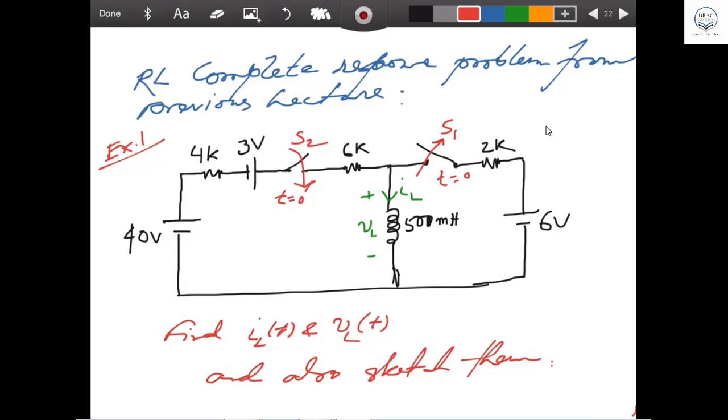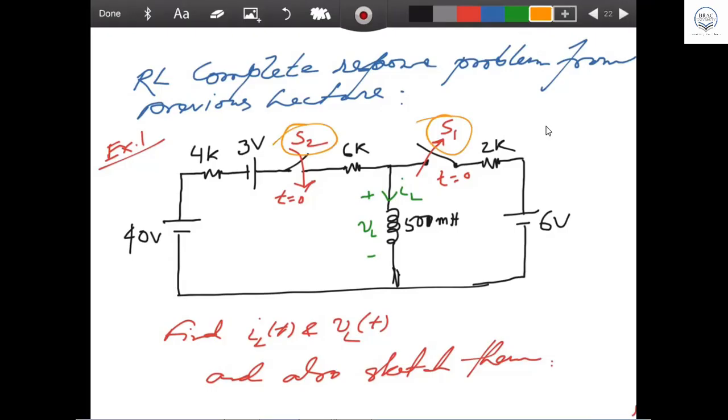At time t equal to 0, switch S1 is opening and S2 is closing at the same time.